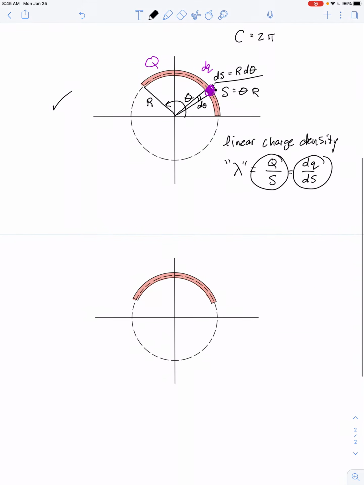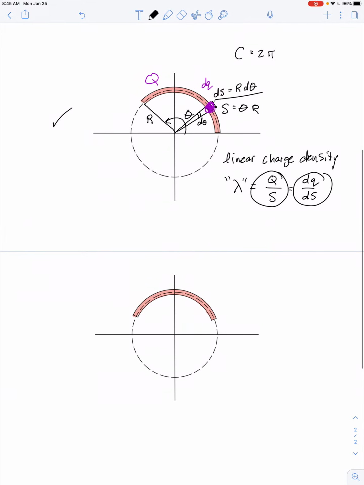Now we want to bring some more symmetry into the problem. So let's say we rotate it until this angle and this angle are the same. Okay, so how about we come up with a symbol for this angle? Well, we know from the positive x to the negative x axis has to be 180 degrees, or pi radians.